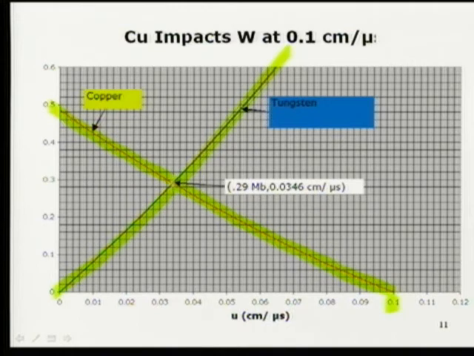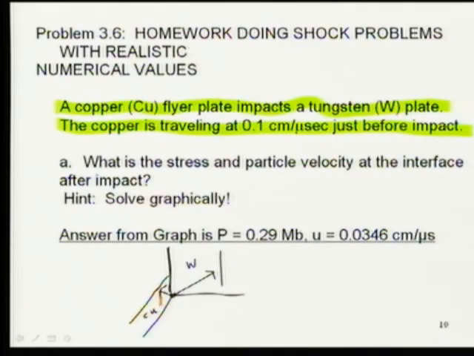So where these two curves intersect is the only place where the pressure in here and in here have to be the same. There is a slight interface here, which I didn't draw, but to remind you, this interface does move off at a little velocity.